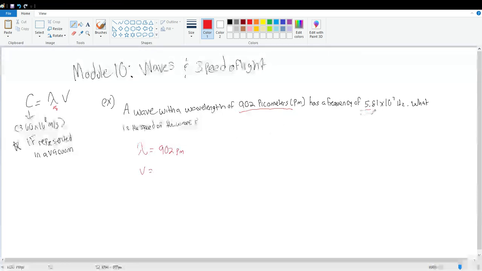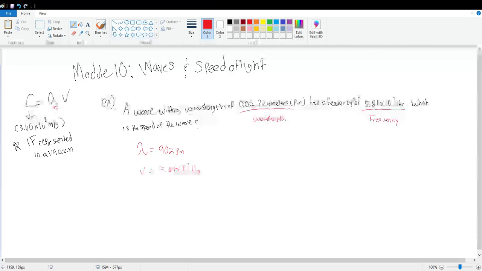So we know that our frequency value is 5.81 times 10 to the 7 hertz. So let me just write it just for explanation purposes. What is the speed of the wave?